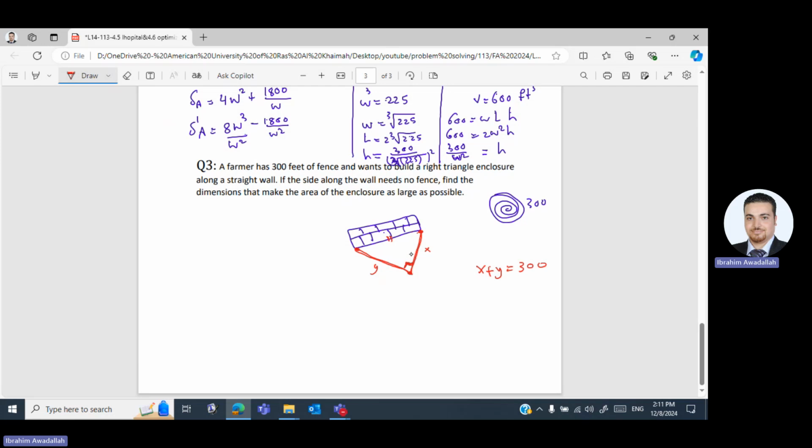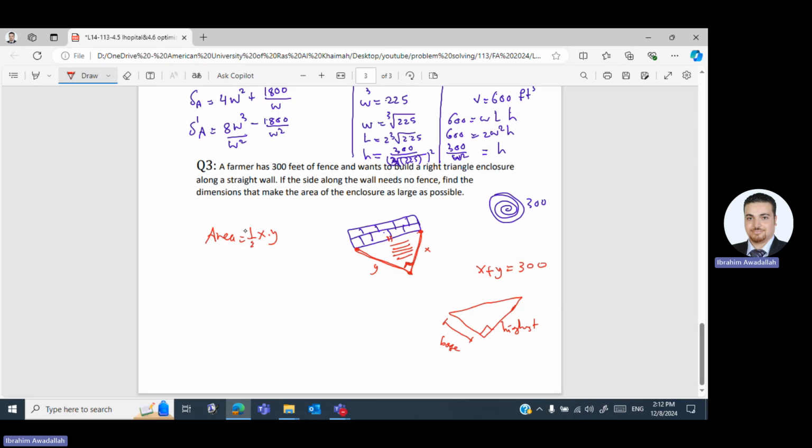Make the area for this one equal to what? Area. So I have something like this. Let us say this is the right angle. This will be the base, and this will be the height. So area equals half x times y, or half y times x, I don't care.